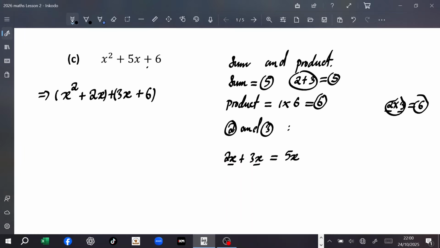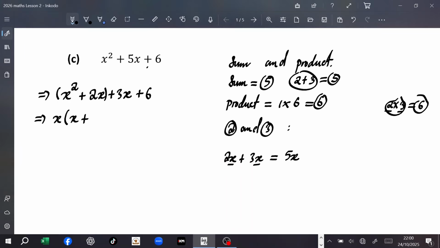4. So now we have 4 terms which we can factorize by grouping. So on this side, we have what is common, x. So say, okay, here x is common, we'll set it aside. Then here 1x is factored out, we remain with x. Then we'll say plus.